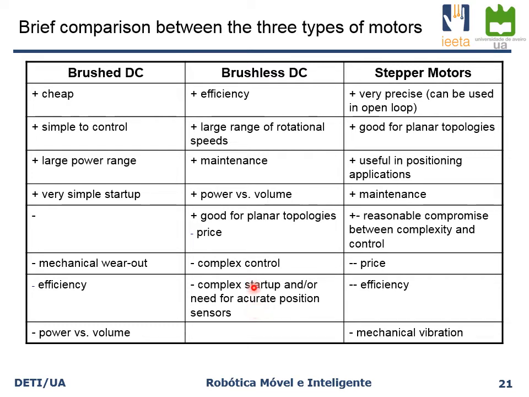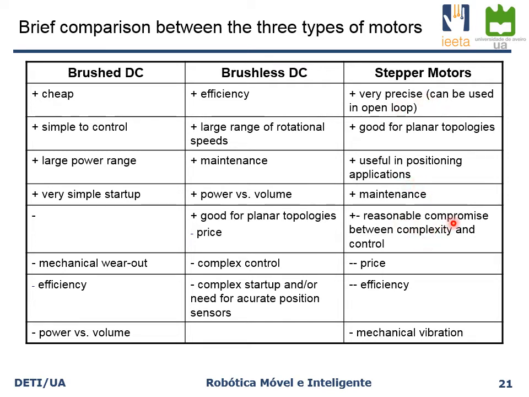application. In the stepper motor side, the pluses, we have a very precise motor, can be used in open loop. Basically, you don't need feedback. It's very good for planar topologies, very useful in positioning applications, and also from the maintenance point of view, there is basically no wear out, so it's very good.